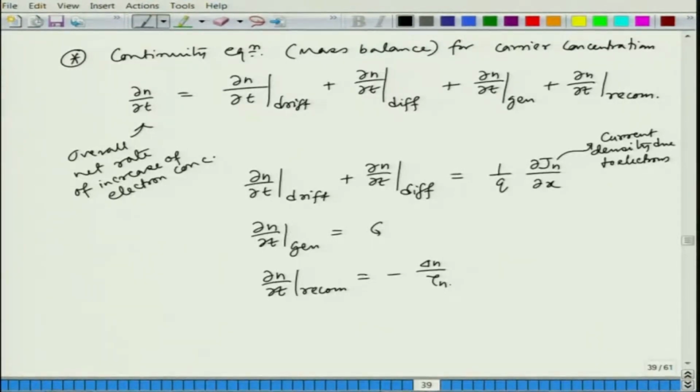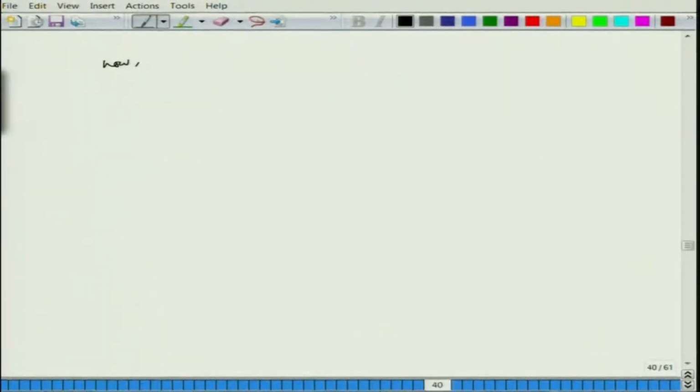Okay. So, now we have seen that n is n naught plus delta n, that is how delta n is defined, with equilibrium value plus the excess value. So, you can write del n del t equals del n naught del t plus del delta n del t. Okay. Of course, the first is 0 because it is a constant, so it is not changing with time.